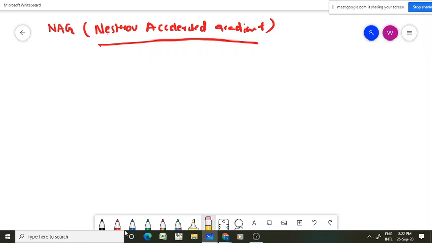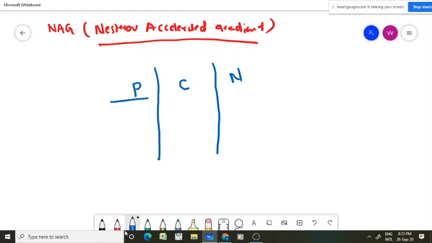But see, we have a problem, right? My question is, suppose this is the previous timestamp, this is the current timestamp, and this is the next timestamp. Now I am in the current iteration.